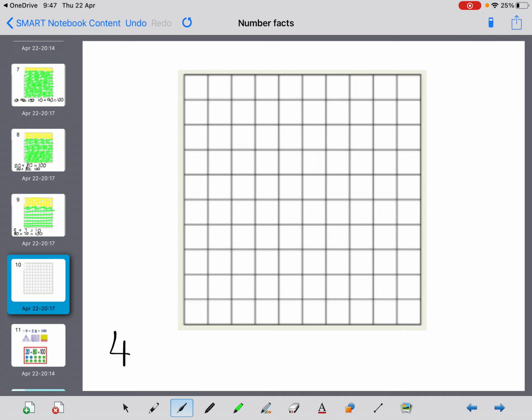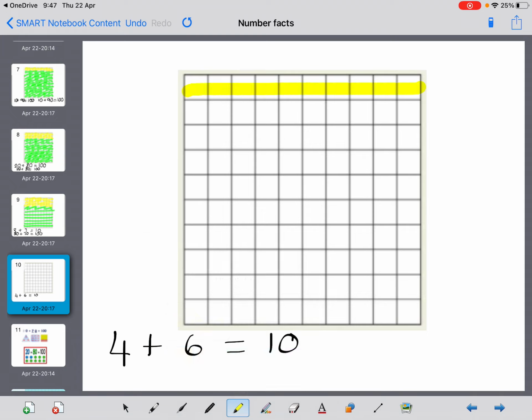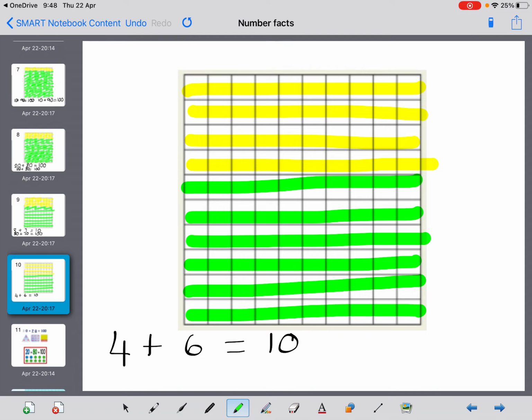Let's try one more. 4 add 6 equals 10. 10, 20, 30, 40 yellow, 10, 20, 30, 40, 50, 60 green. 40 yellow and 60 green make 100.